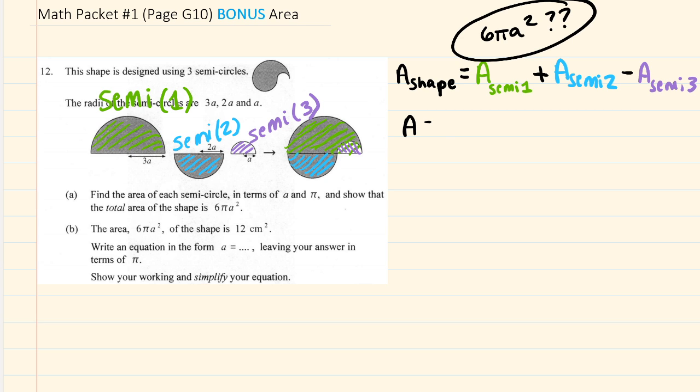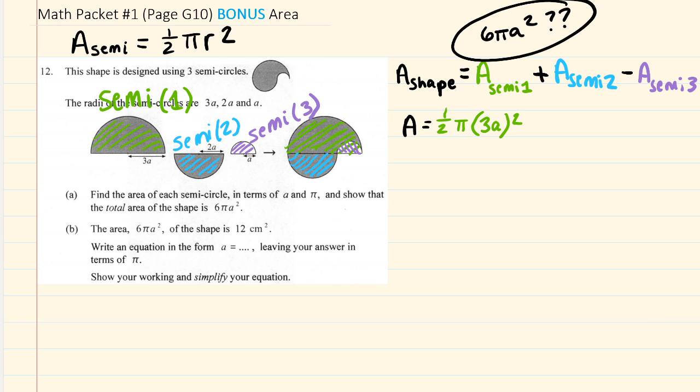So what is the area of a semicircle? The area of just a generic semicircle, I'll write it up here at the top. The area of a generic semicircle is going to be 1/2 the area of a circle, which is pi r squared. Okay, so that's our formula that we're going to keep using. So for the green semicircle, I'm going to have 1/2 pi r squared. What is my radius here? 3a.